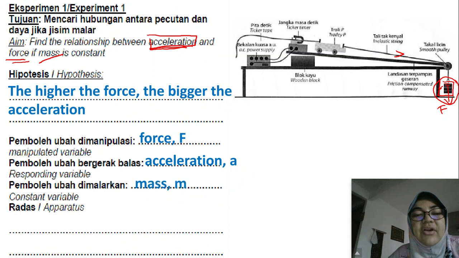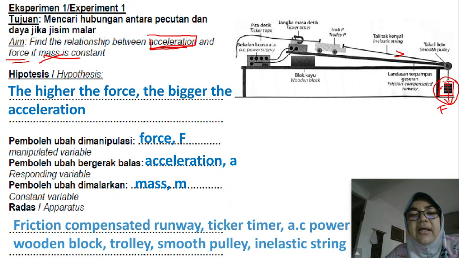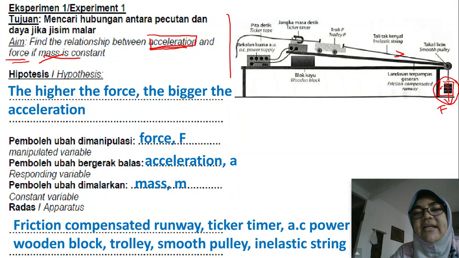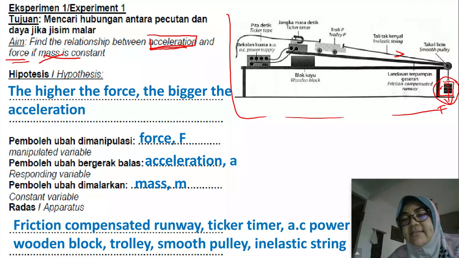And the constant variable stated here is mass. Okay, so apparatus as shown in the diagram, we must write all the apparatus: ticker tape, ticker timer, trolley, AC power supply, inelastic string, weight, and a pulley.